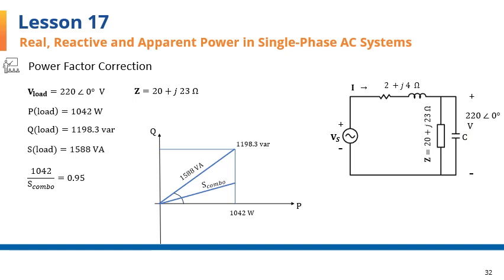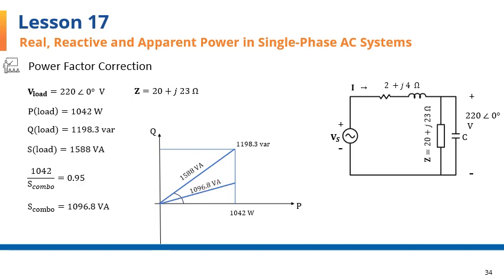So the real power does not change, so it's 1042 divided by the apparent power of the combination of the load and the capacitor will give me the power factor, which I want to be 0.95, so I'll set that equal to 0.95. Finding the new value of S for the combination of the load and capacitor from this equation will give me a value of S that's 1096.8.